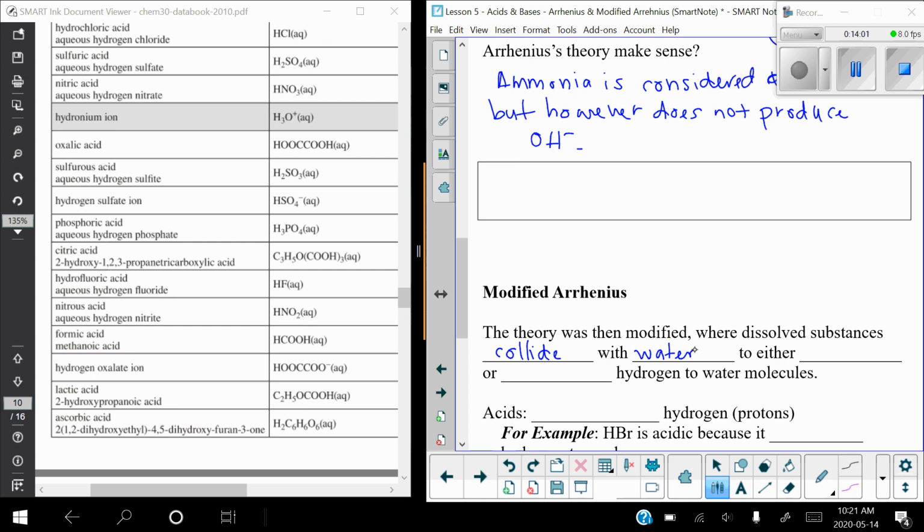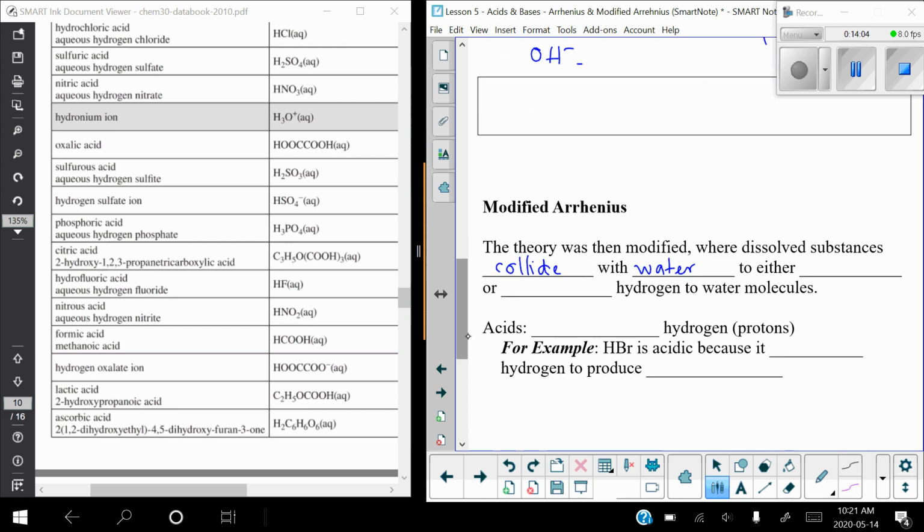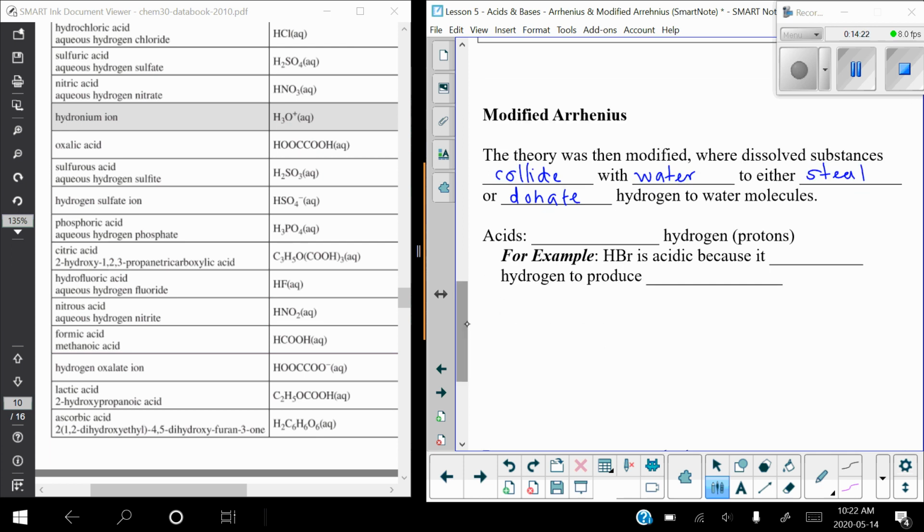When it collides with water, it's either going to steal or donate hydrogen to water molecules. Acids donate hydrogens. So they're going to donate a hydrogen, or a proton, to the water molecule.